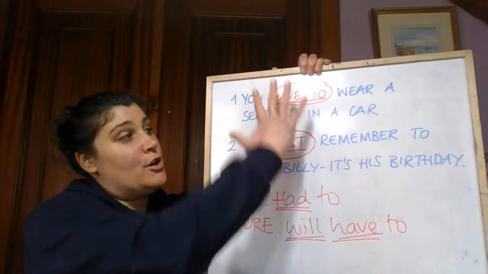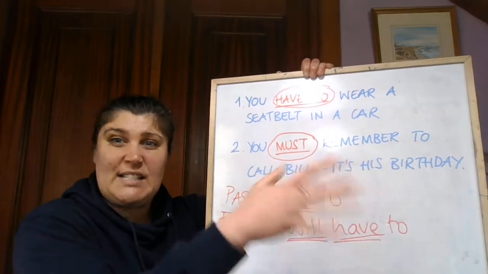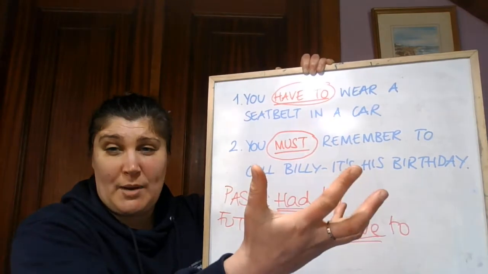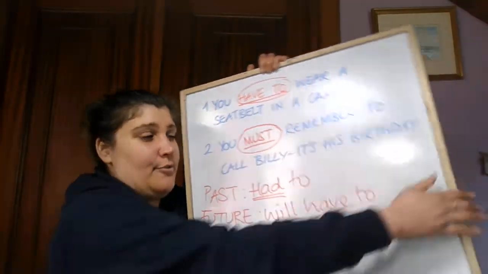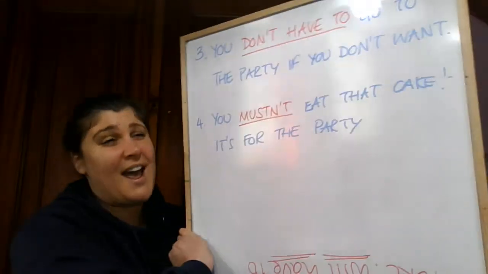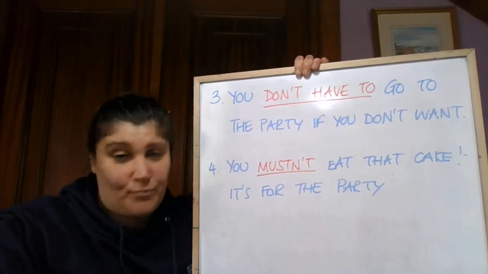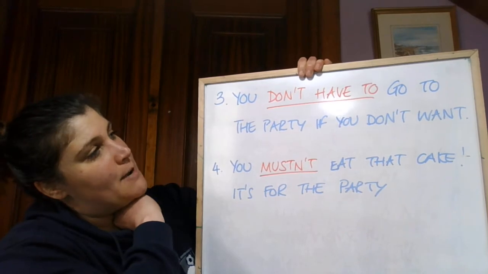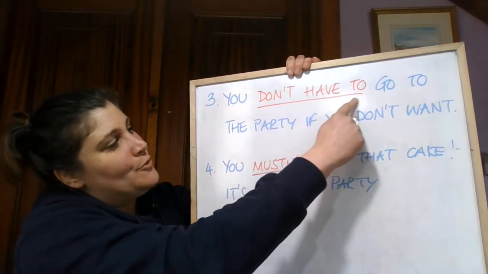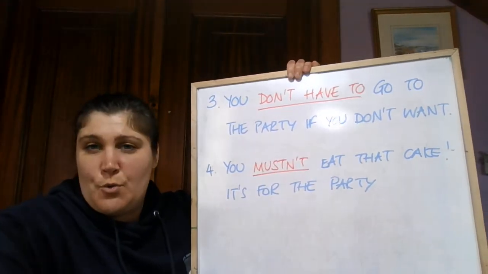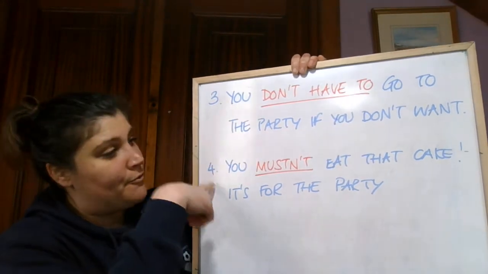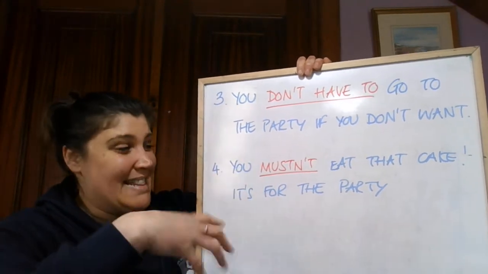Good. Now look at these. In positive, the meaning is virtually the same, an obligation. But in negative, which should be here, it's completely different. All right. Look at number 3. You don't have to go to the party if you don't want. And number 4, you mustn't eat that cake.